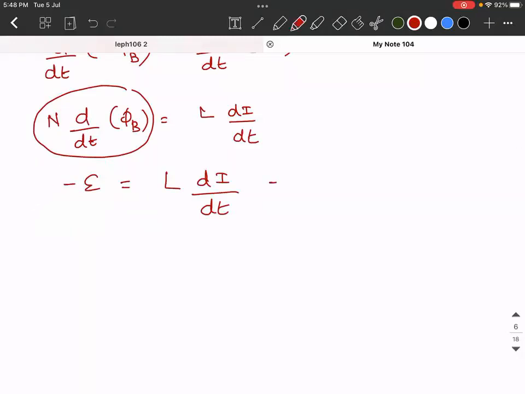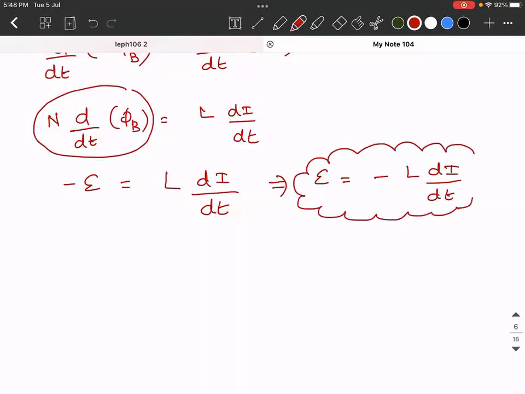To be more specific, from this I can conclude that EMF is equal to minus L into di divided by dt. The rate of change of total magnetic flux is what is EMF. Yeah. So E is equal to minus L into di divided by dt. So if I take magnitude on both the sides, magnitude of EMF is equal to L into di divided by dt. Right. I suggest you all to write it along with me.